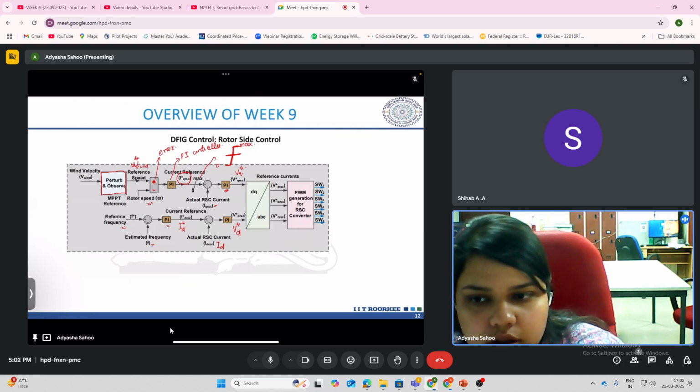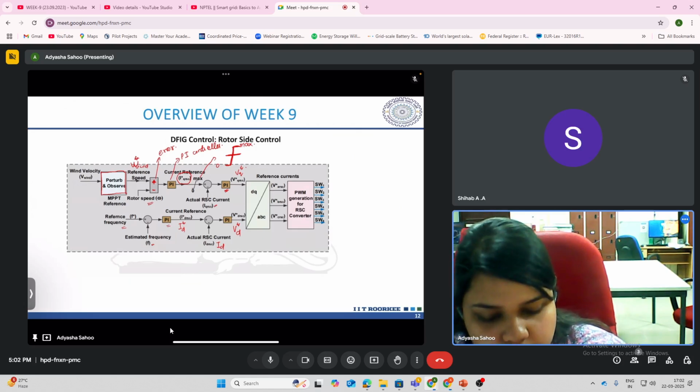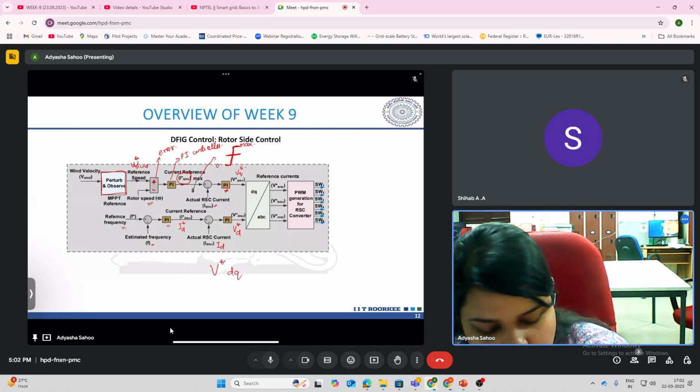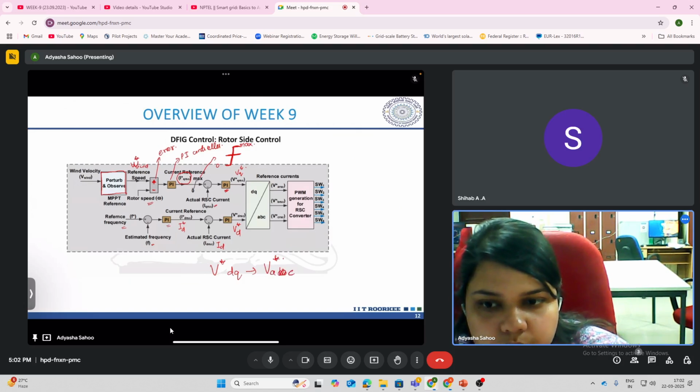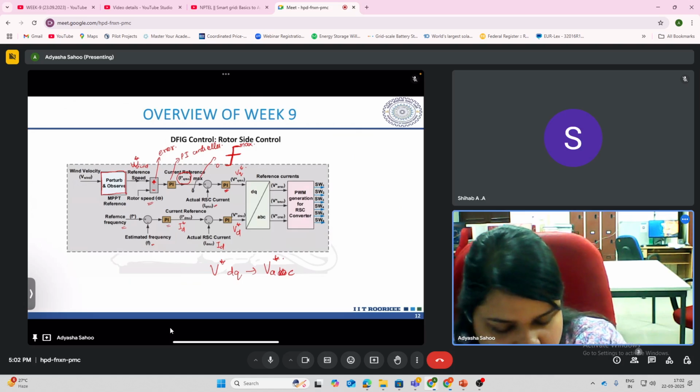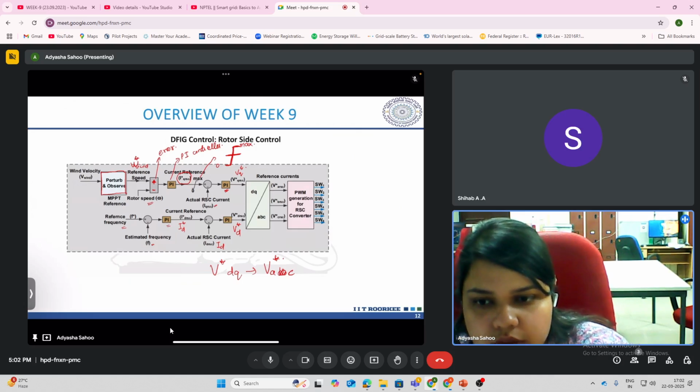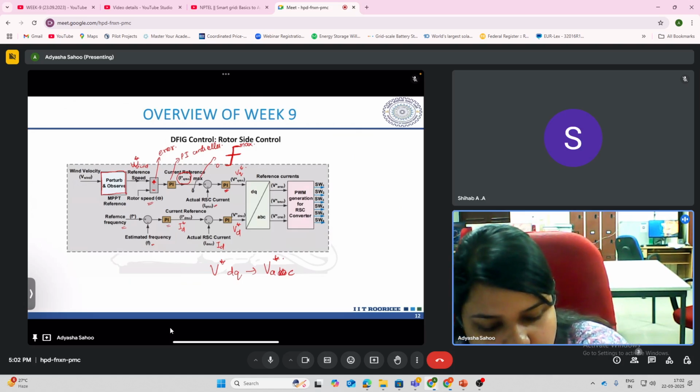Once we have the voltages in the DQ frame, we convert these DQ voltages into the ABC frame, and these are then given to the PWM generation so that you get the pulses.